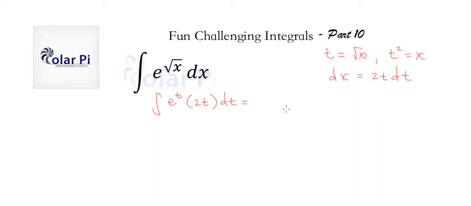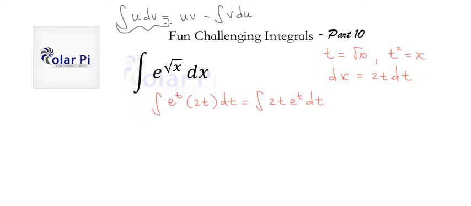And this is probably better viewed as 2t e to the t dt, as it makes for easy picking using integration by parts. And recall the integration by parts formula that said that the integral of u dv is equal to uv minus the integral of v du.